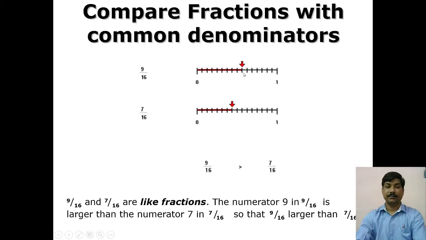So this point represents 9 upon 16 on the number line, and this represents 7 upon 16 on this number line. Both are like fractions, and from this figure it is clear that this part is greater than this part. So from the picture it is clear 9 upon 16 is greater than 7 upon 16.